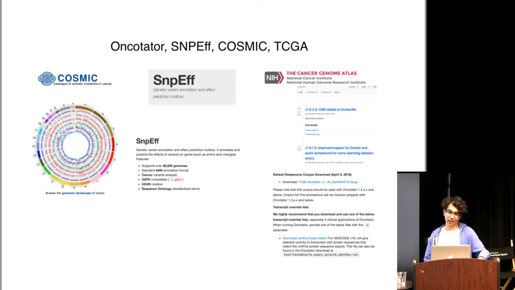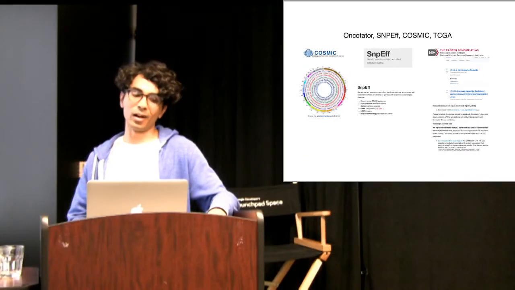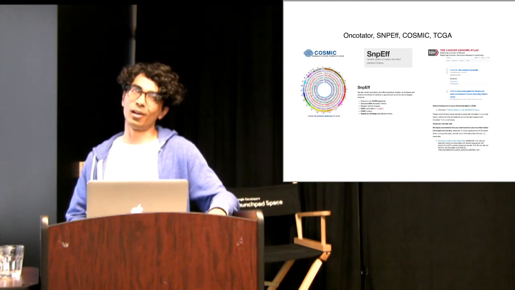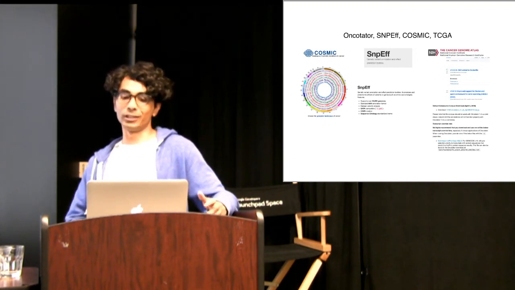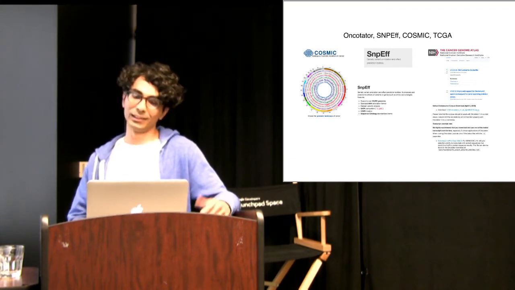COSMIC is pretty good, SnpEff is pretty good, Oncotator is pretty good. All these things also require a lot of additional files. Just as an example, for Oncotator you're going to need its corpus download, which is 17 gigs.